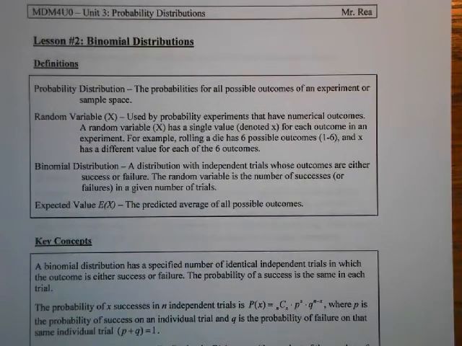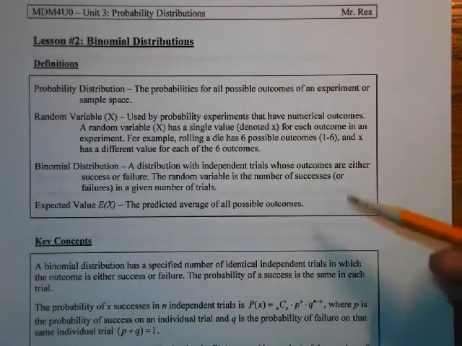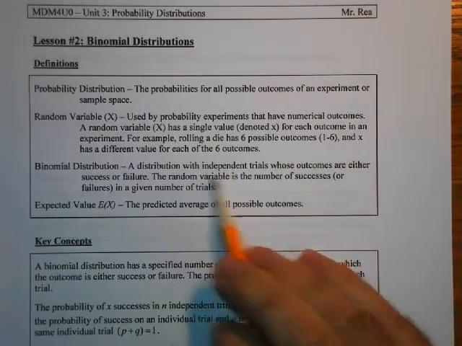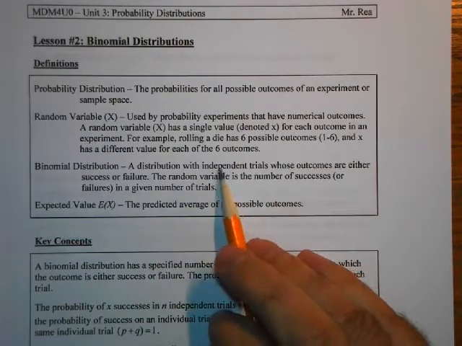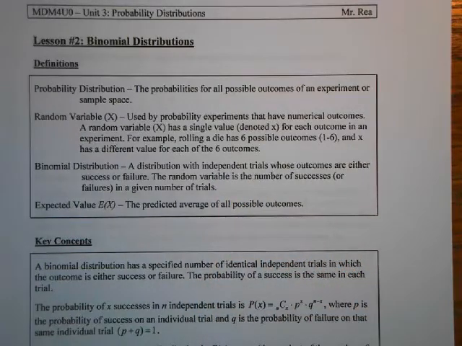So the official definition: a distribution with independent trials. The first key word here is independent. If you remember back from the last unit, independent events, basically the probabilities of those have no bearing on anything if you did another trial before or after. So the probabilities remain unchanged regardless of what you just did.